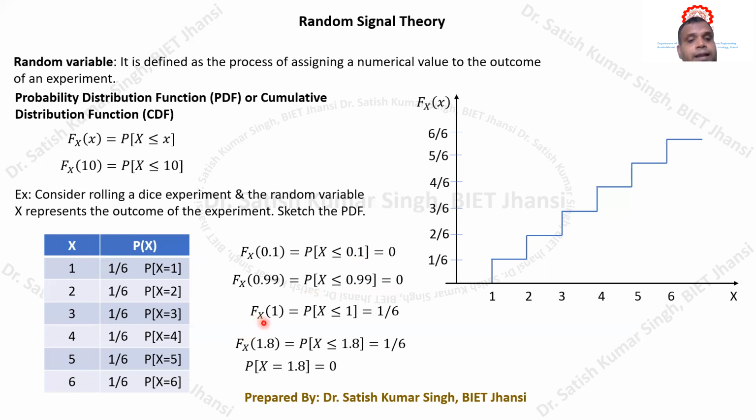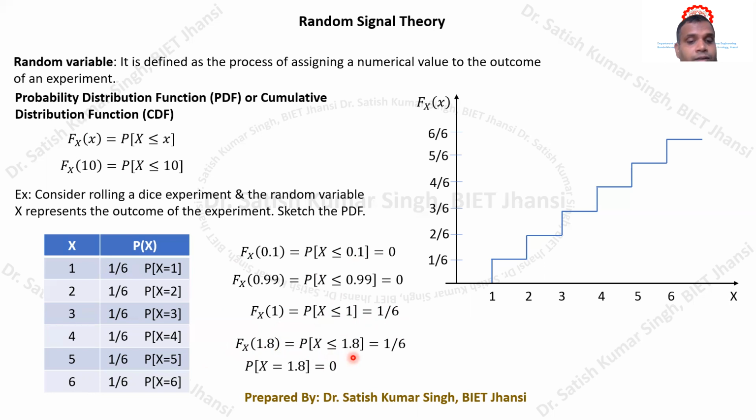Similarly, what is the probability F of x at 1? The meaning is: what is the probability that x takes a value less than or equal to 1? We know that for less than 1 there is no probability, but for x equals 1 we have a probability of 1 by 6, and therefore F at 1 is 1 by 6. Similarly, if you want to write F at 1.8, the meaning is the probability that x takes a value less than or equal to 1.8.